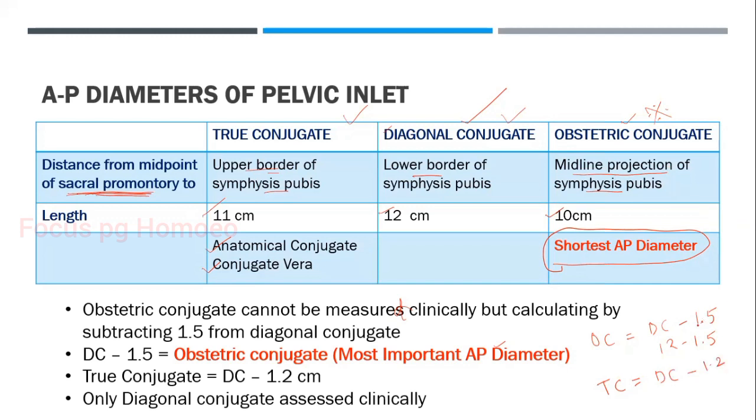Minus 1.5 is obstetric, minus 1.2 is true conjugate. If it is 12, minus 1.2 will come around 10.8, which is around 11 centimeters. So that is why the lengths are these, and only the diagonal conjugate can be assessed clinically.